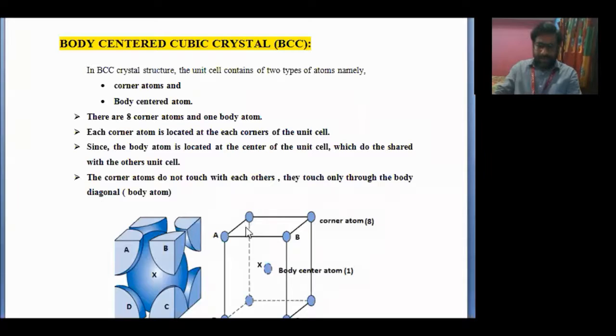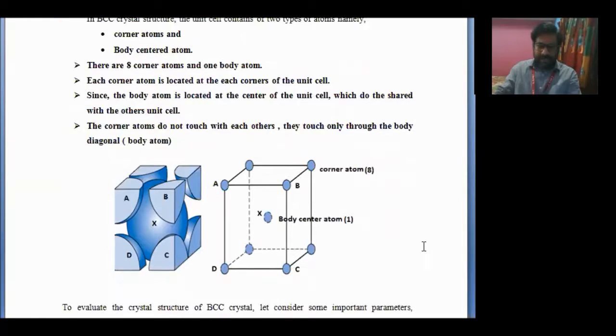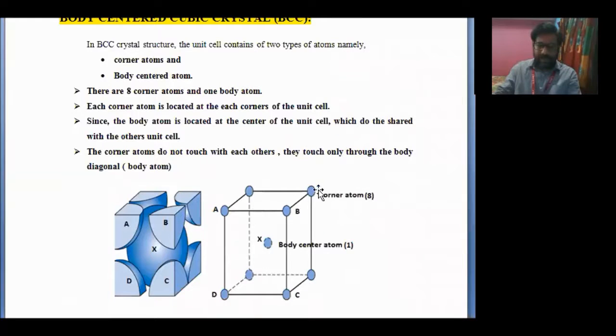As we know, there are eight corners in the unit cell. Each corner atom is located at each corner of the unit cell. In addition to this corner atom, we have one body-centered atom, which is located at the center of the unit cell.